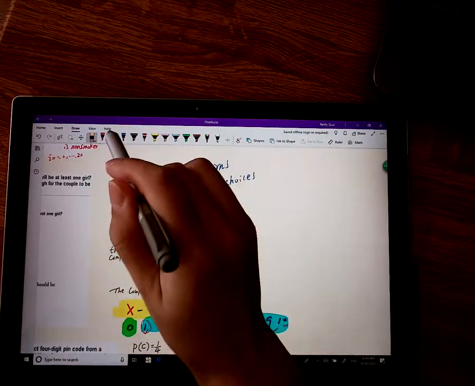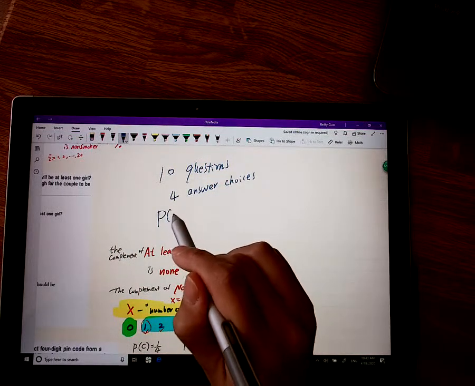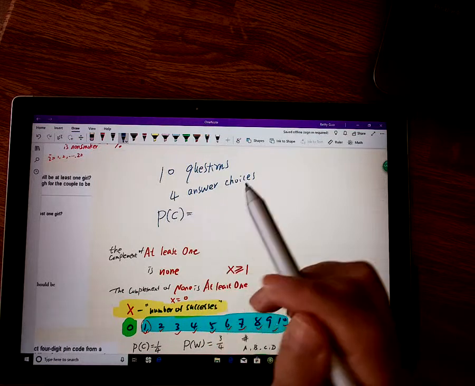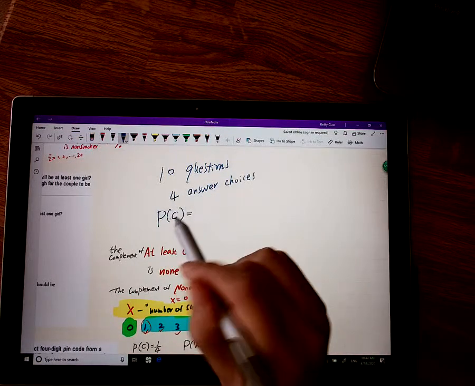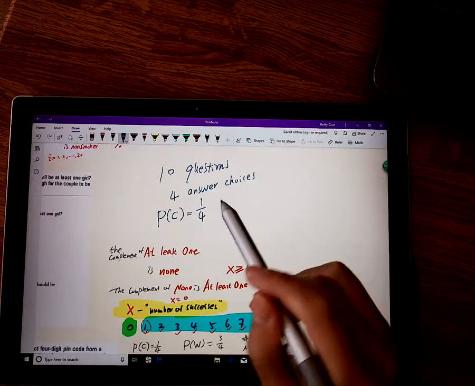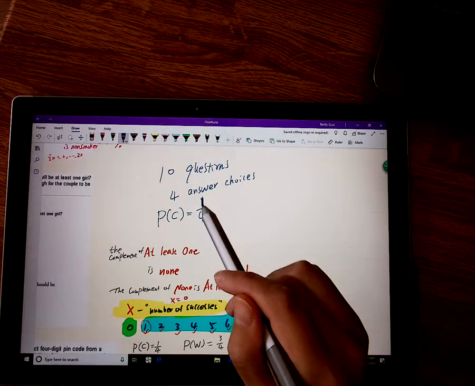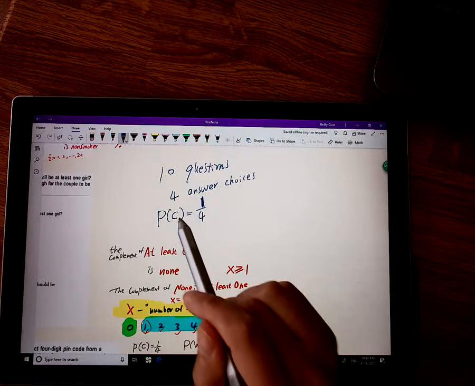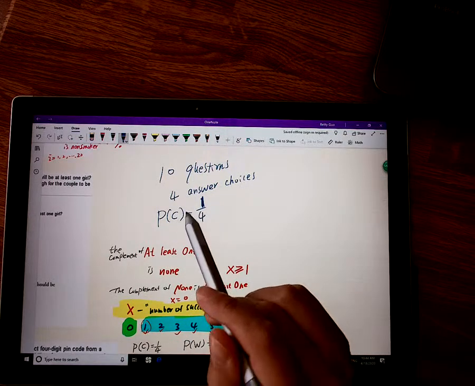Then what's the probability you guess one problem correct? C here means correct. 1 over 4, right? 4 answer choices, only one is correct. So you have a 25% chance to guess the question correctly, even if you don't study.